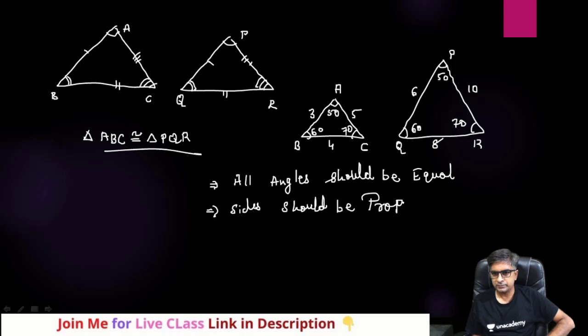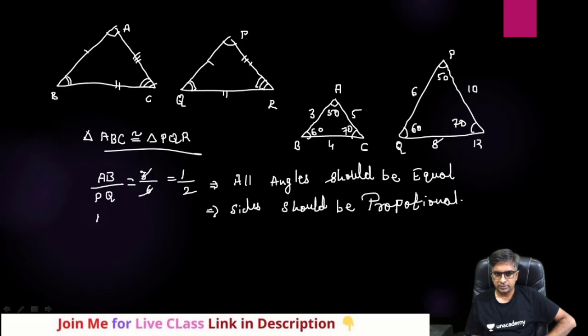Proportional means to find the ratio. When I say AB of this and PQ here, AB by PQ, you can see 3 and 6. So 3 by 6, the ratio will be 1:2.